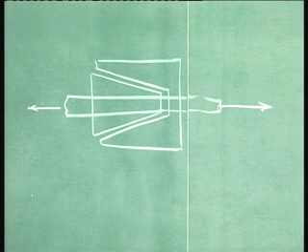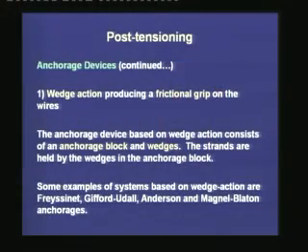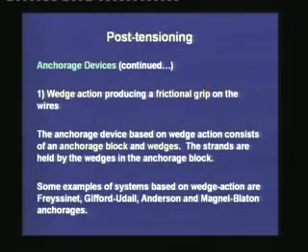Thus, the wedge action produces a frictional grip on the wires. The anchorage device based on wedge action consists of an anchorage block, which is substantially a large block which can hold several wedges at a time, and then it also consists of the several individual wedges within the anchorage block. The strands are held by the wedges in the anchorage block.